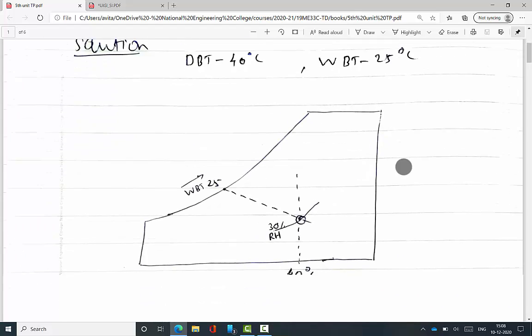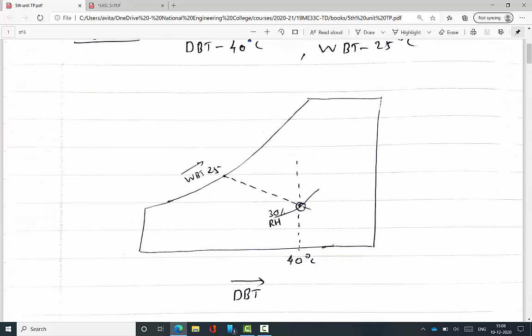First, I explain with my rough diagram of the psychrometric chart. First we locate the point. The dry bulb temperature is 40 degrees Celsius.